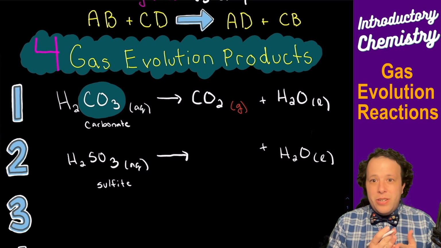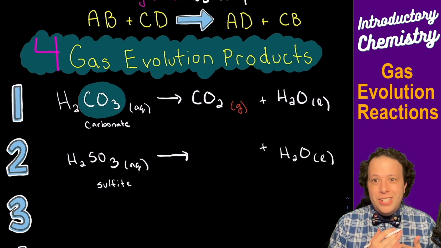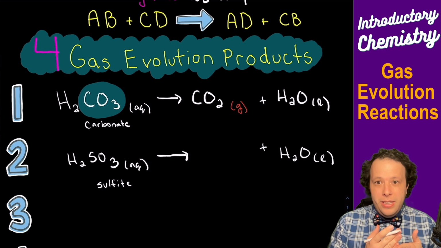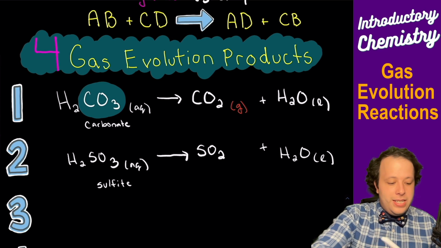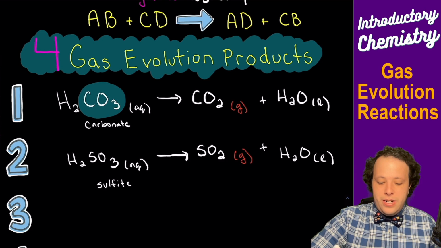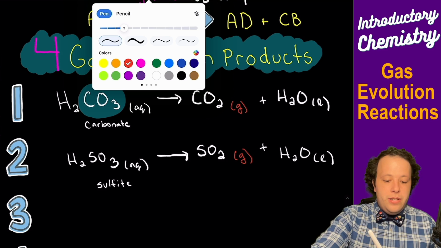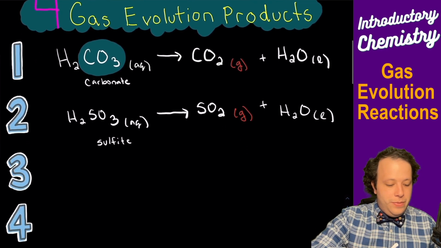And if I think of this as a subtraction problem, if I take H2SO3 and subtract H2O, what's going to be left is SO2. So we're going to make sulfur dioxide gas as a product. That's going to be another hint that we're looking for.